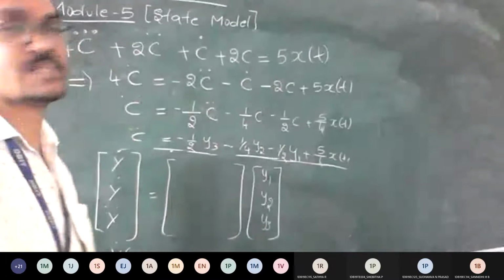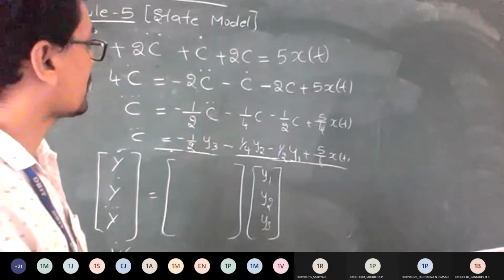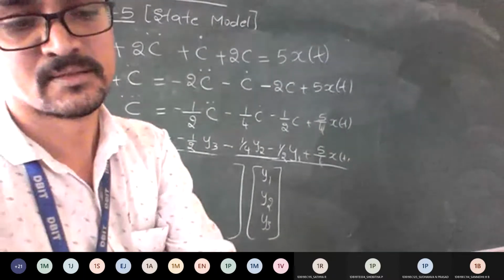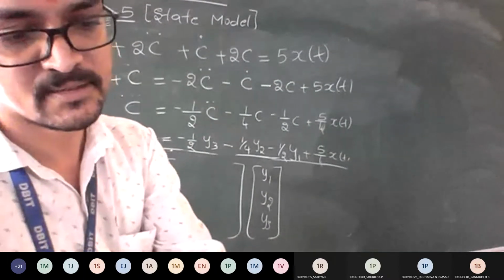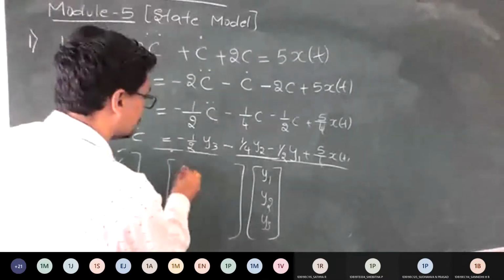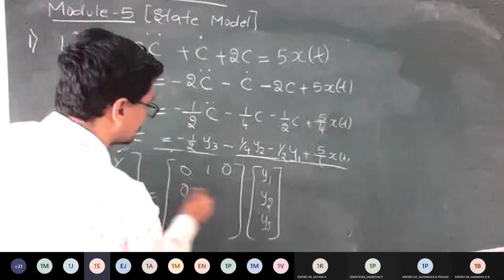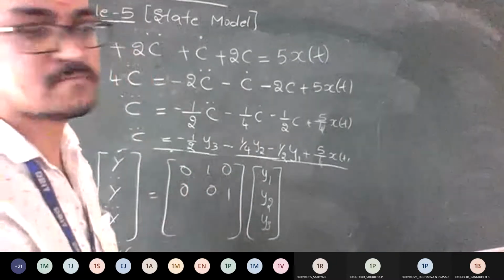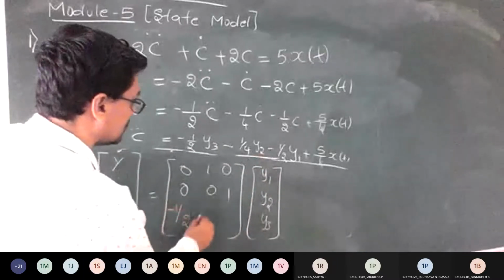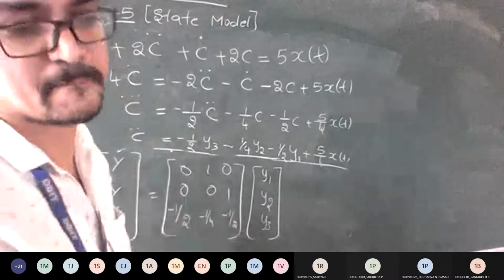What is the coefficient from the first equation? 0, 1, 0. Good. Next, 0, 0, 1. Good. Next, the last one: minus 1 by 2, minus 1 by 2, minus 1 by 4. Is it correct?